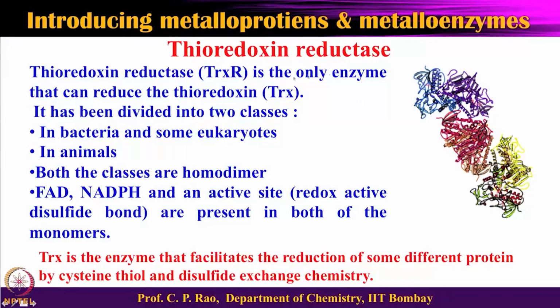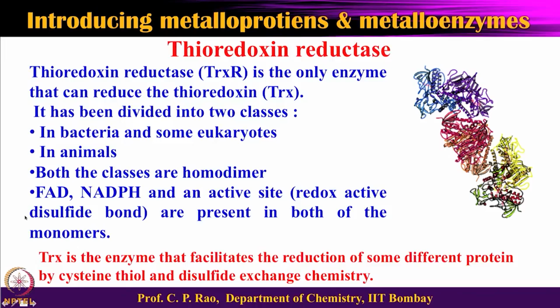Now, this particular enzyme, thioredoxin reductase, has been divided into two classes. One is that present in bacteria and eukaryotes, the other is present in animals. Both the classes are homodimer proteins. In these, as we have seen, there are FAD and NADPH, like in the case of the mercury reductase; here also we have the cofactors.